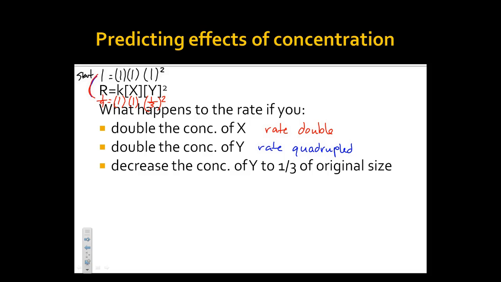We compare these two numbers here, and our rate decreases by a factor of 9. Don't just tell me 9. Okay, it's going to decrease by a factor of 9. And that's how you solve those sorts of problems. And we'll talk about this a little bit more.